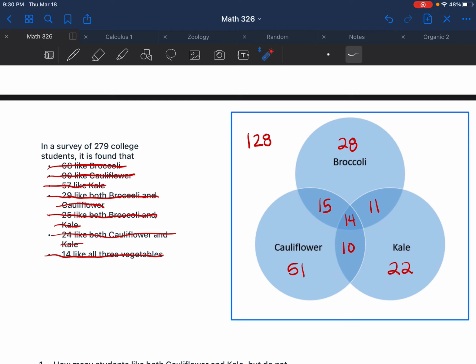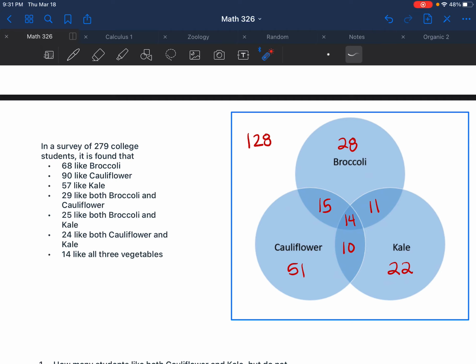And I think the more important reason is our data is organized more efficiently. So let me erase these lines so we can look. Just looking at this list, we can't tell how many people out of the 25 that liked both broccoli and kale also liked cauliflower.